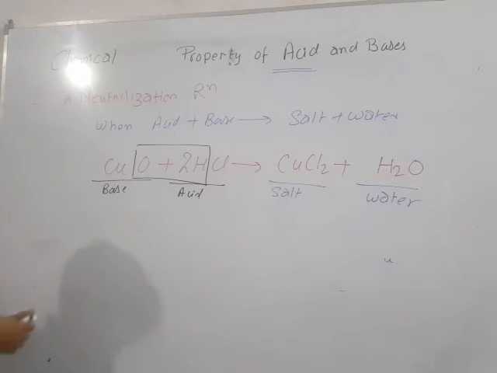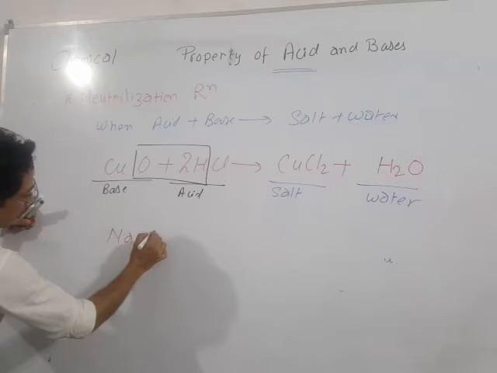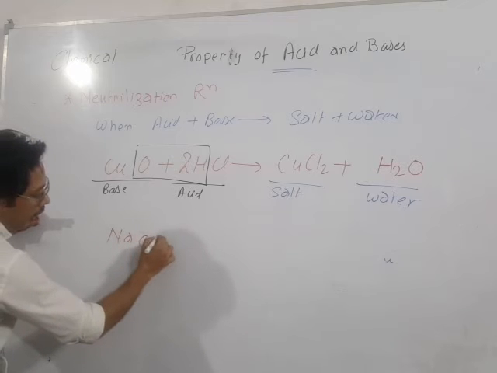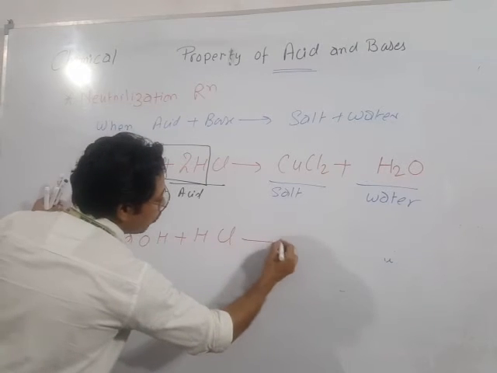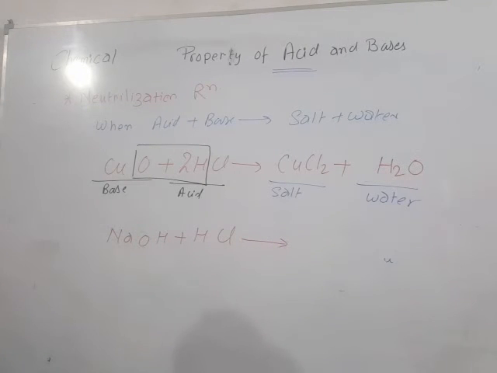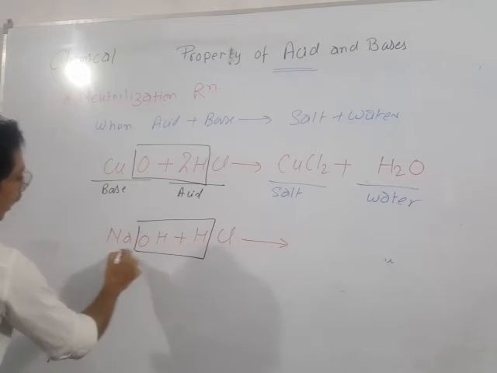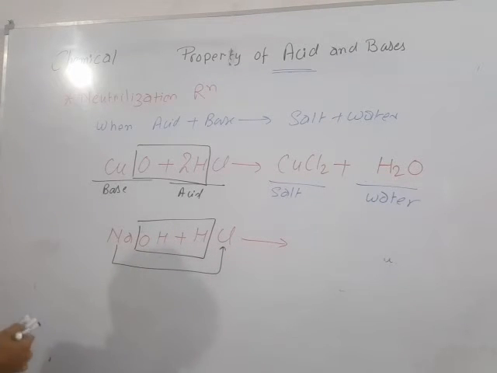And the example we can take here, like NaOH plus HCl. Now tell me, what is the product? Tanushree, Asra, now tell me. Very good. That is H2O, and here NaCl.